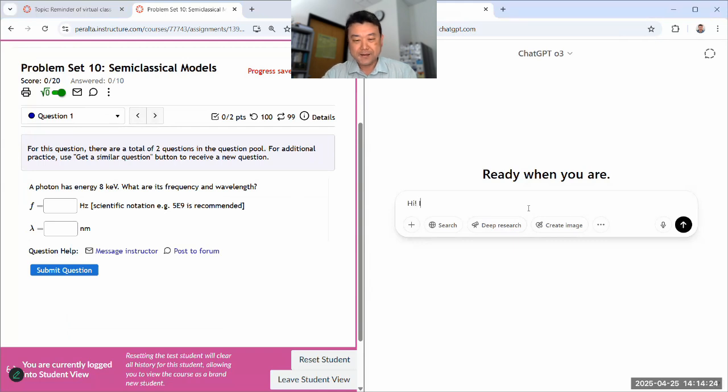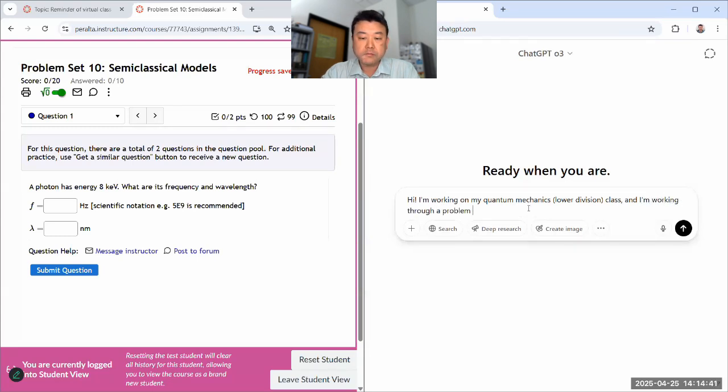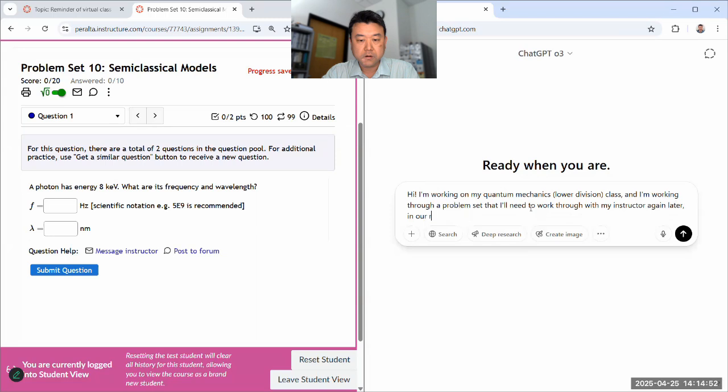So I'll say, "Hi, I'm working on my quantum mechanics lower division class, and I'm working through a problem set that I'll need to work through with my instructor again later in our required one-on-one meeting. So I really need to learn the material."